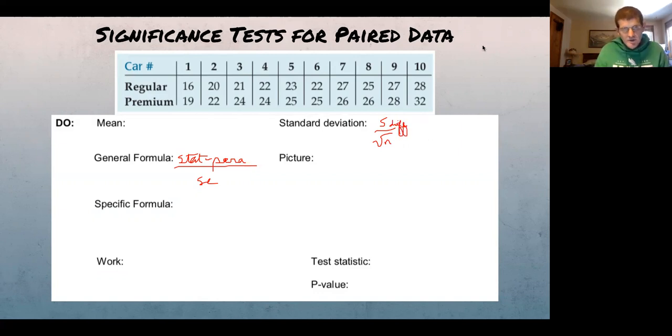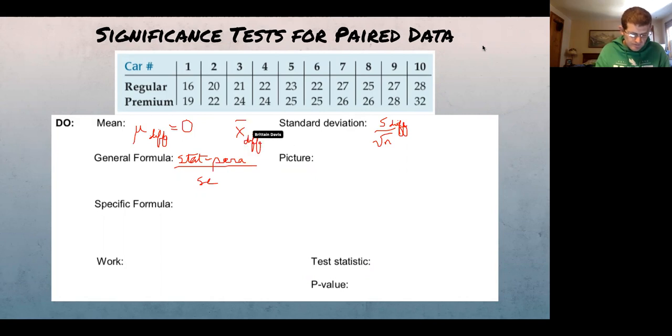So the population mean that we're searching for is, we're assuming, going to be 0, because that's our null hypothesis. So they're really talking about the parameter here, but we also have our x bar sub diff.